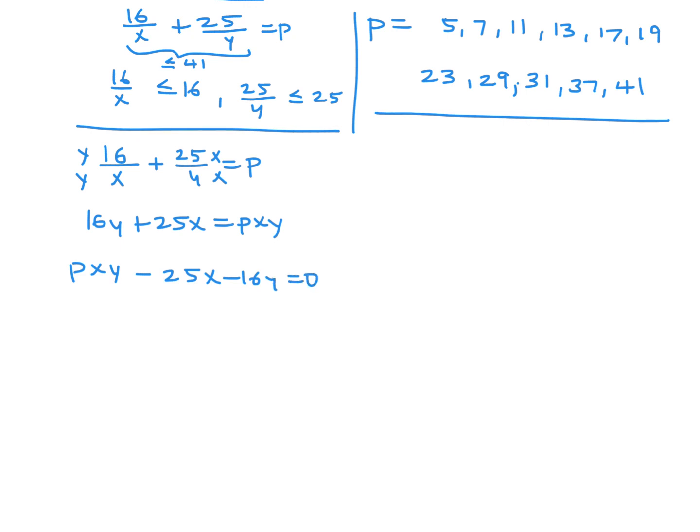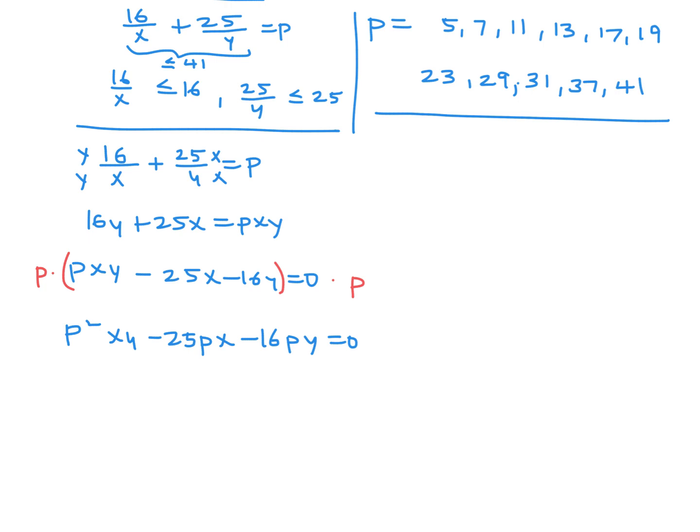Okay, so perhaps this is also some fancy algebra. You got to multiply everything by p on both sides. And when you do, you get p squared xy minus 25px minus 16py, and that remains 0, I should say.